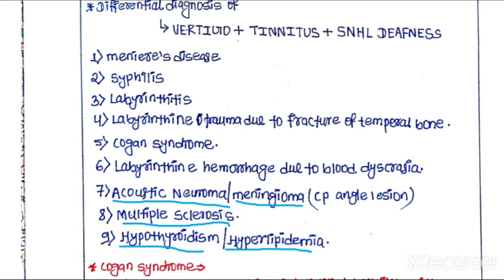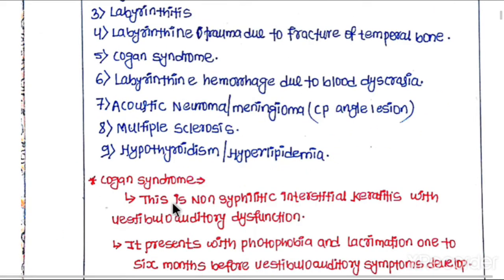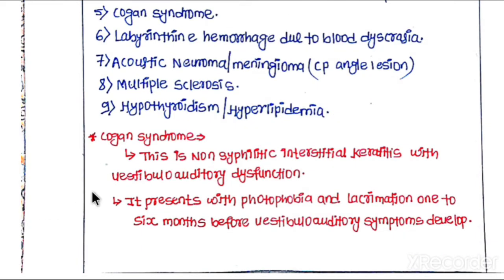Now we will discuss Cogan syndrome. This is non-syphilitic interstitial keratitis. Generally, in the initial stage of Cogan syndrome there is involvement of the cornea, that is interstitial keratitis, with vestibulo-auditory dysfunction occurring later on.